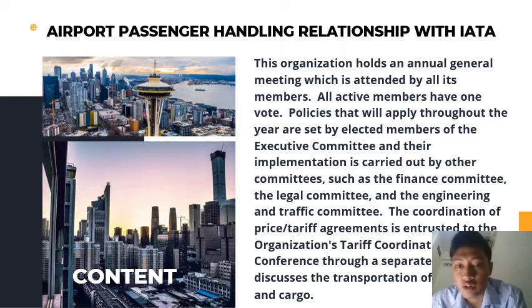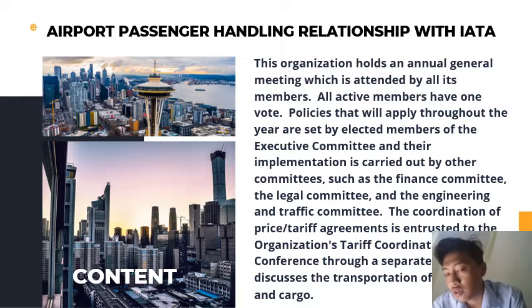And next, this organization holds an annual general meeting which is attended by all its members. All active members have one vote. Policies that will be applied through the year are set by elected members of the executive committee, and their implementation is carried out by committees such as the finance committee, the legal committee, and the engineering and traffic committee.